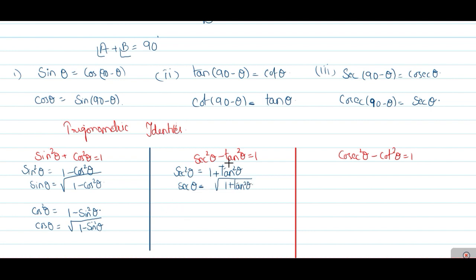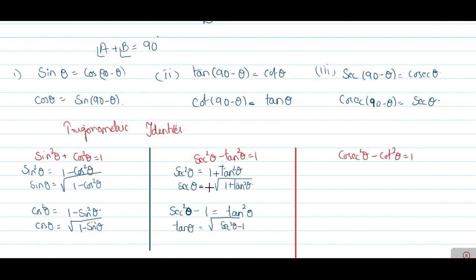Similarly, if I transpose the 1 to the LHS, I get secant square theta minus 1 is equal to tan square theta. Now, tan theta can be written as, if I transpose the square to the LHS, the square root of secant square theta minus 1.